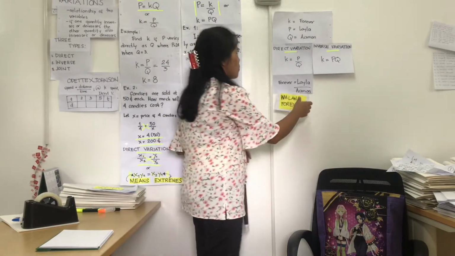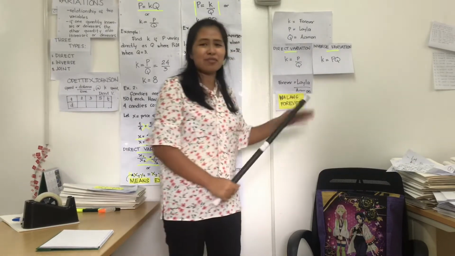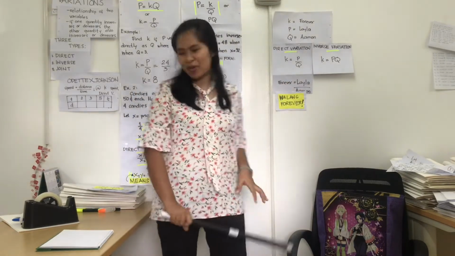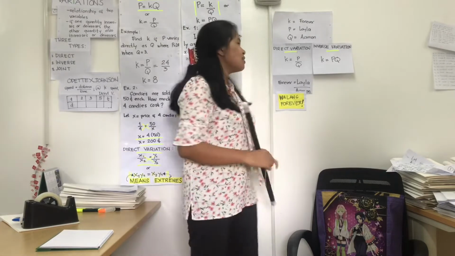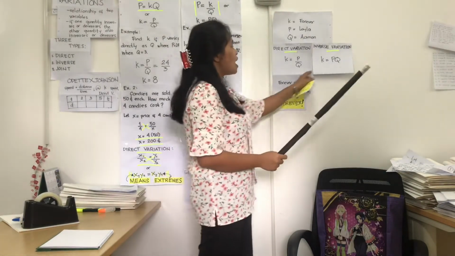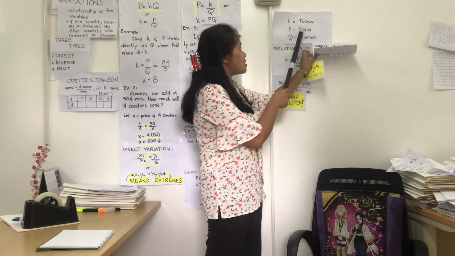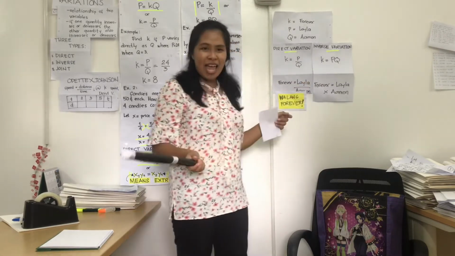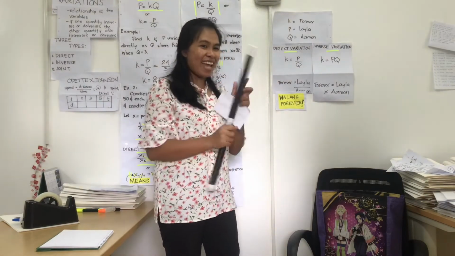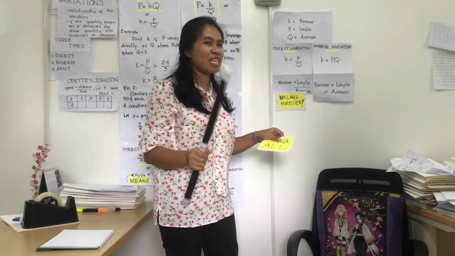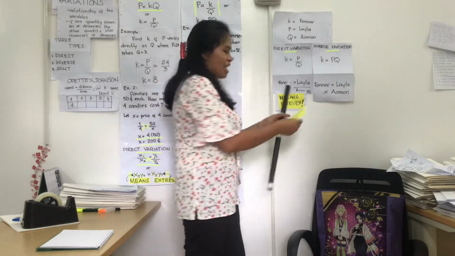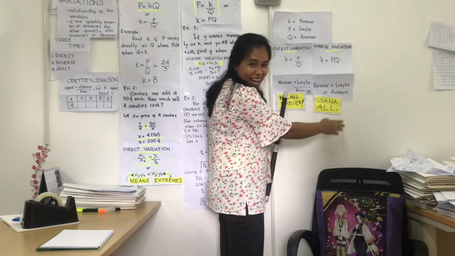Wala, right? So walang forever in direct variation because there is division between them. So remember that, okay? However, in inverse variation, we have K is equal to P times Q. And if we substitute these values, we have, yes, forever equals Layla and Amon. Yay! And if you understand, let's all together say, Sana all, right?